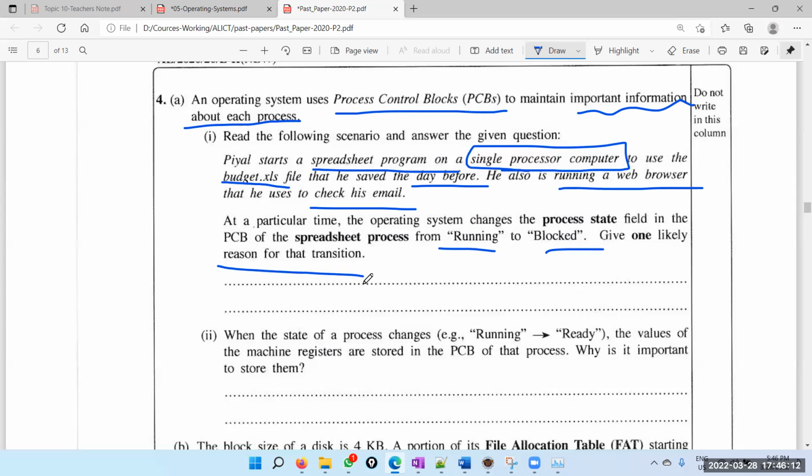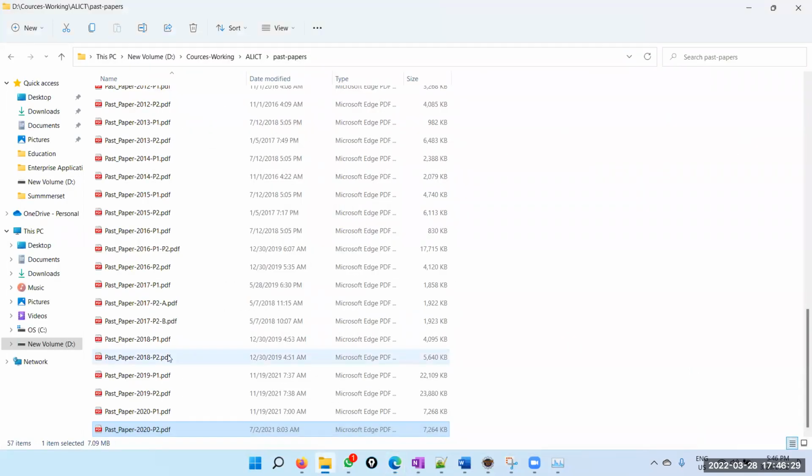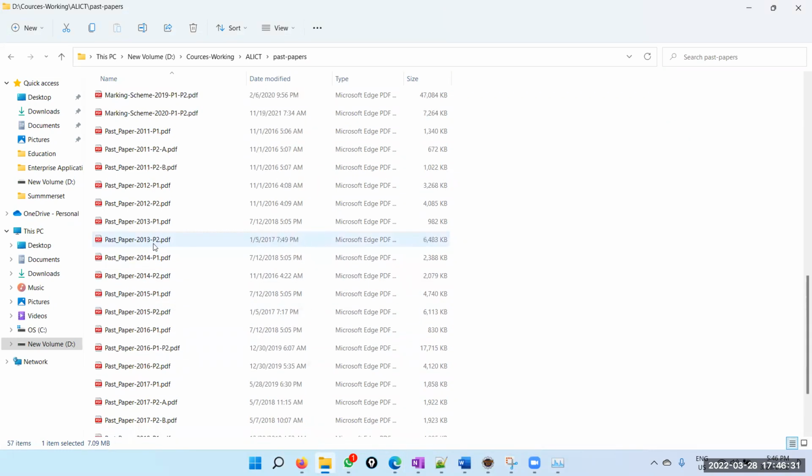So why is it going from running to blocked? Because remember, it goes from running to blocked, not ready to blocked. So that means the program is now waiting for an input output operation, right? Answer is correct. Now it is waiting for an input output operation. So let's see whether we have the marking scheme.